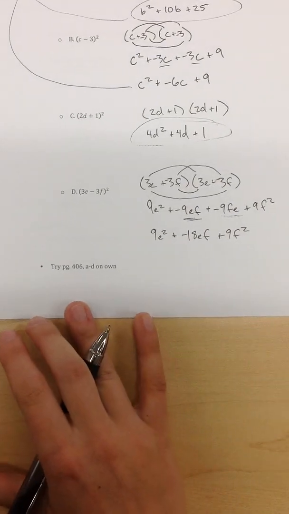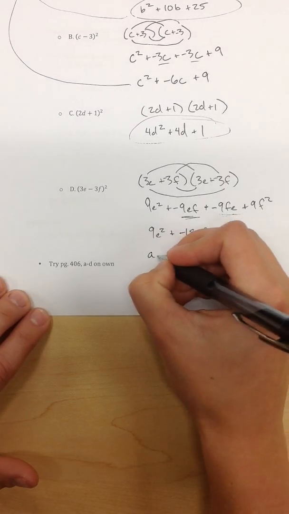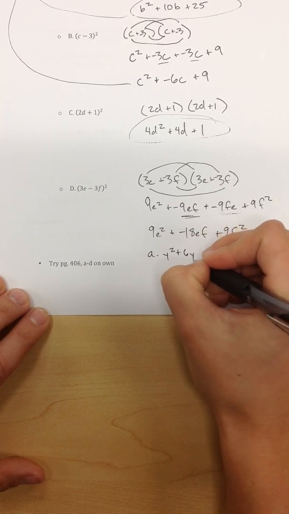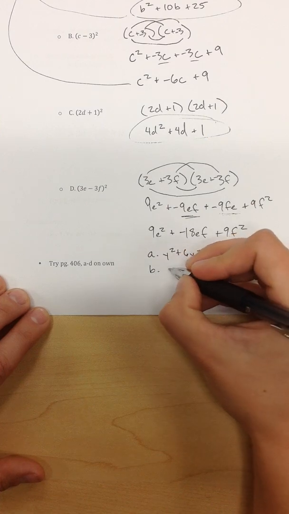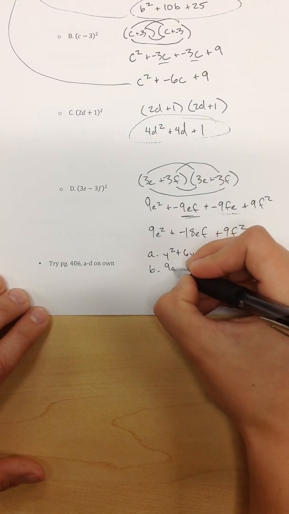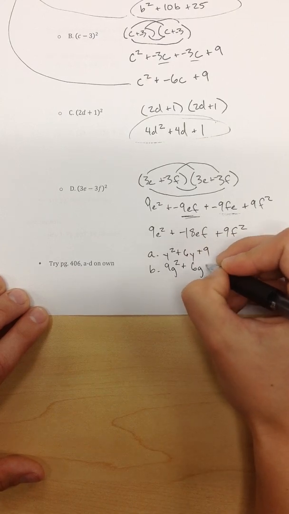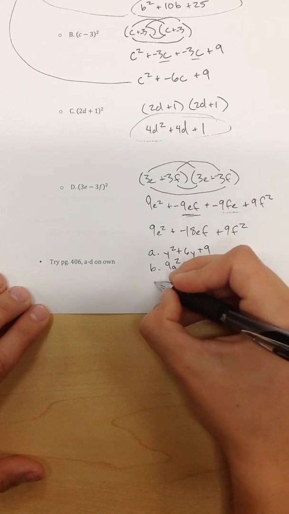Okay, so you guys can try out on page 406, A through D. So A, they got y squared plus 6y plus 9. B, they got 9g squared plus 6gh plus h squared.